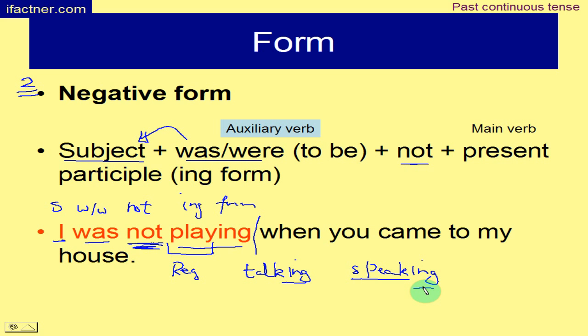But with the irregular verbs we use different rules to add ing. Please visit my other tutorial on ing verbs, how we form ing verbs, and the links are given in the description below. But first let's discuss the negative form of past continuous tense.